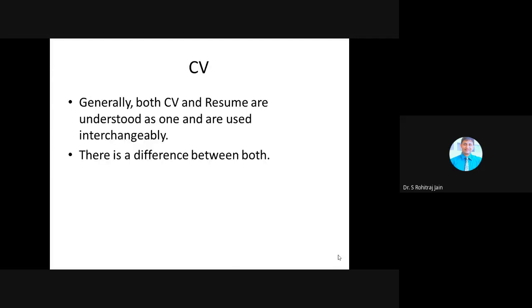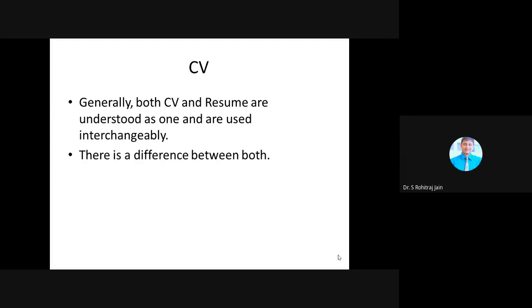Okay, so after thoroughly understanding the resume, now we will go to the curriculum vitae, also called CV. See, generally both CV and resume are understood as one and are used interchangeably. But there is a slight difference between the two.